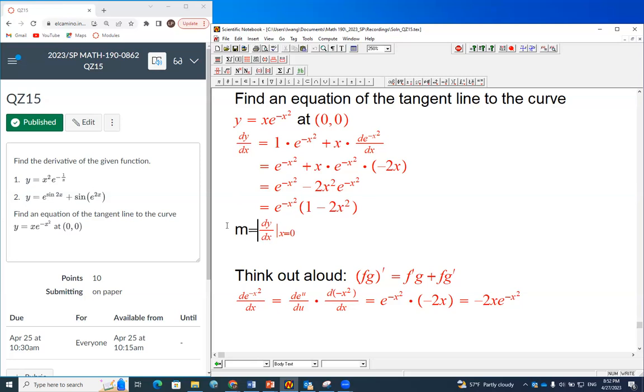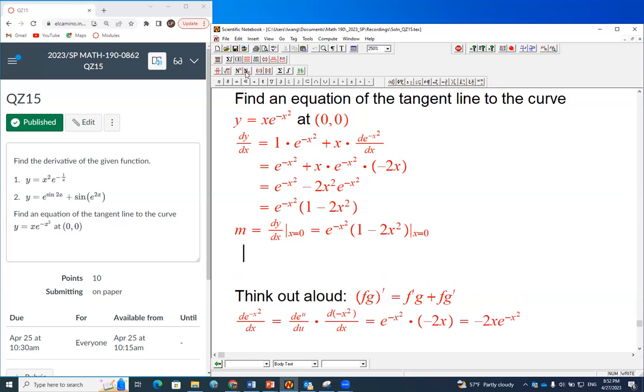So the slope of this tangent line that we're looking for is the derivative evaluated at the point x equals 0. So that means that this entire function, this result, okay, is being evaluated at x equals 0. Okay, you learn how to use this notation. This notation continues to be used in the future. Okay, and x equal to 0.